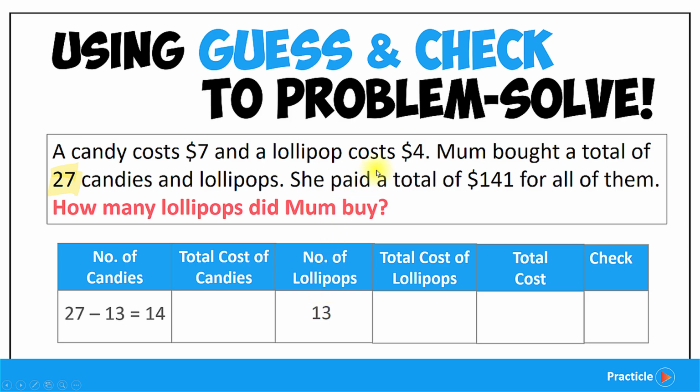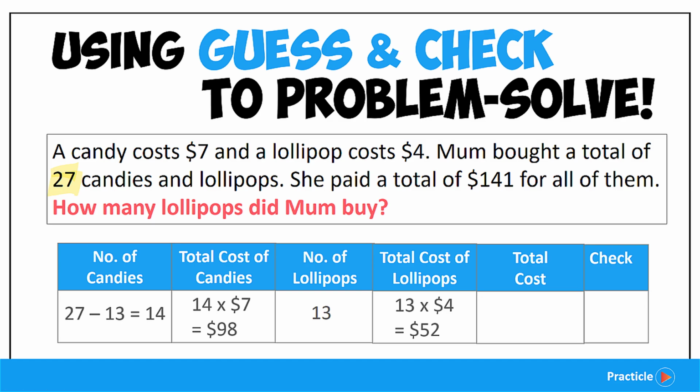One lollipop costs $4. So 13 lollipops will cost 13 times $4, which is $52. So far so good? Then what about the candies? Since one candy costs $7, if we had 14 candies, your mum would pay 14 times $7, which is $98.